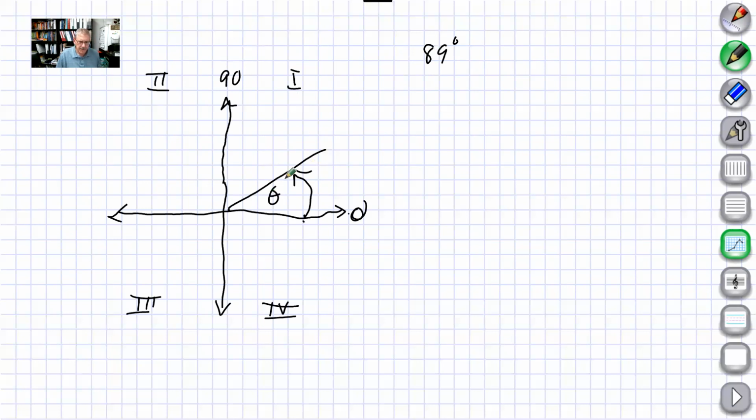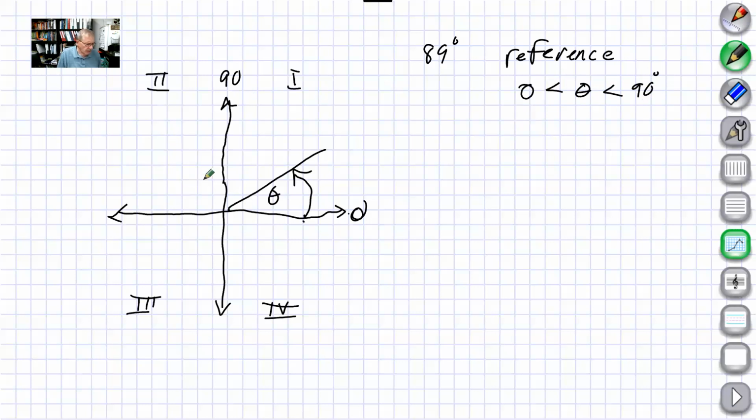So reference angles are between 0 and 90 degrees, greater than 0 and less than 90.